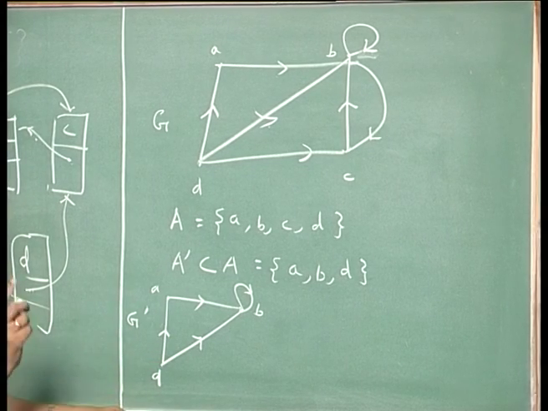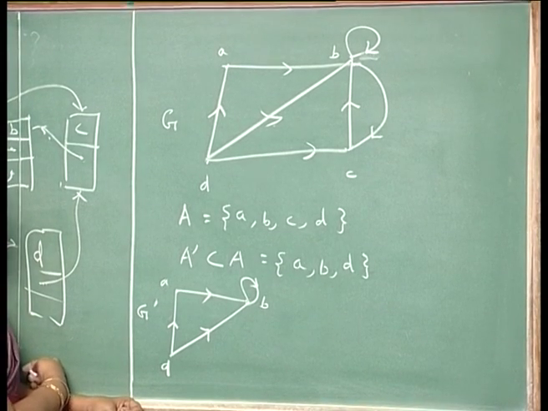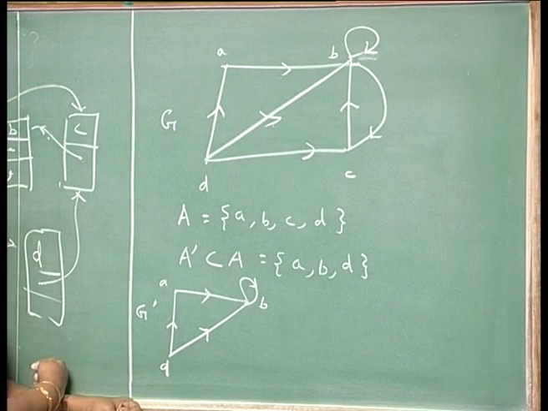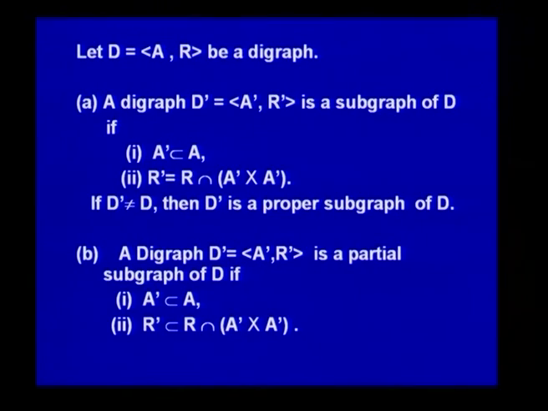You are removing C and then all the edges connected to C. You are considering only the vertices A, B, D and all the edges incident on A, B and D. This is the first definition, that is R dash is equal to R intersection A dash cross A.